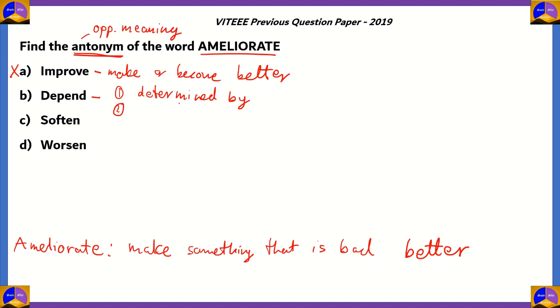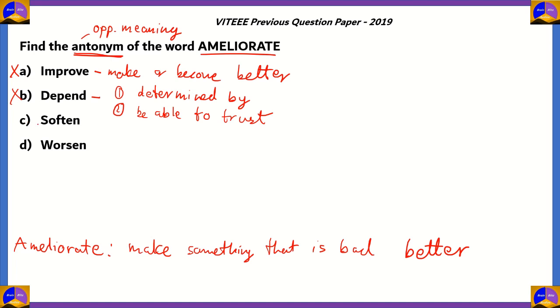Another meaning for the word depend is be able to trust. So he is a dependable ally. So if you trust someone very much, then you can say that he is a dependable ally. So again, both these meanings aren't in any way related to ameliorate. They aren't opposing it. They aren't close to it. So therefore, option B is incorrect.